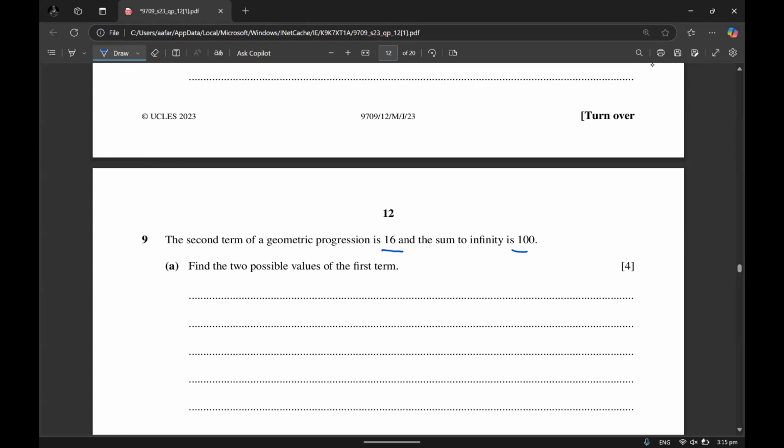So basically we have two pieces of information. The nth term formula in a geometric progression is ar to the n minus 1. So the second term will be ar to the 2 minus 1, equal to ar. So ar is equal to 16. This is the first equation which we have.